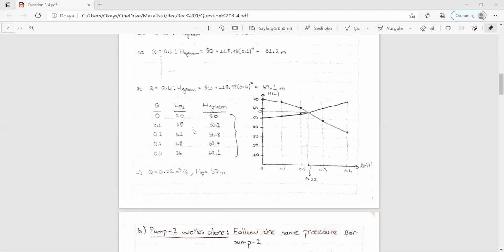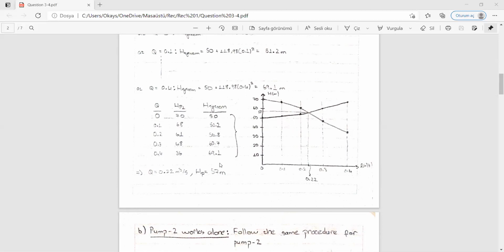So for pump 1, when discharge is 0, head is 70. When discharge is 0.1, head is 68. At 0.2, head is 61. It goes like this. Of course, since I drew it by hand, it's not that accurate, but you get the idea. It is the important one.